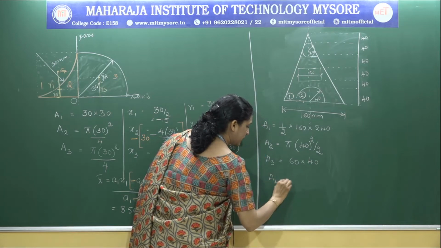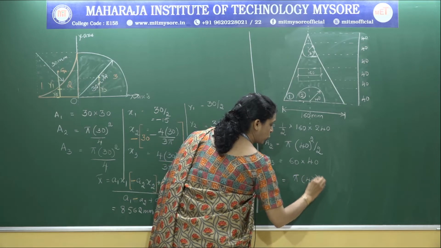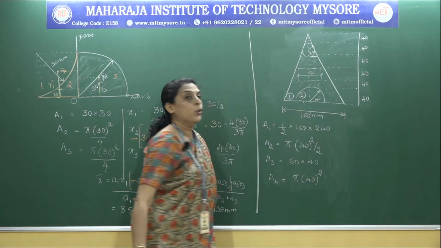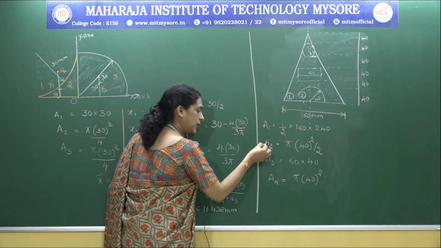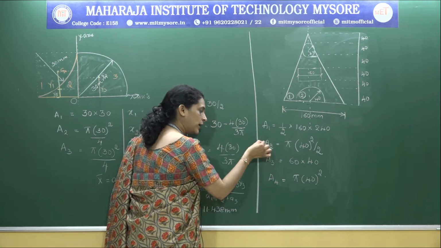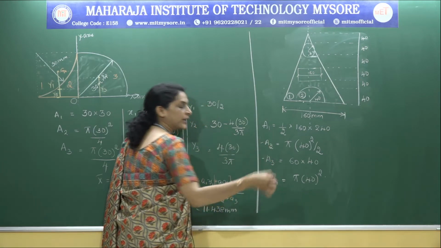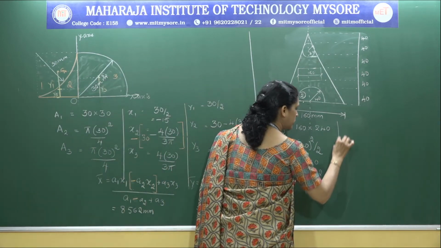Area of the circle is pi r square. We'll have to notice here that the three areas, that is second, third and fourth, will have to be prefixed with a negative sign.